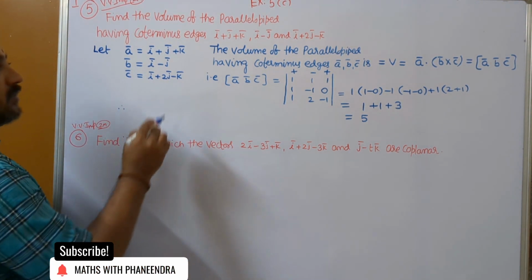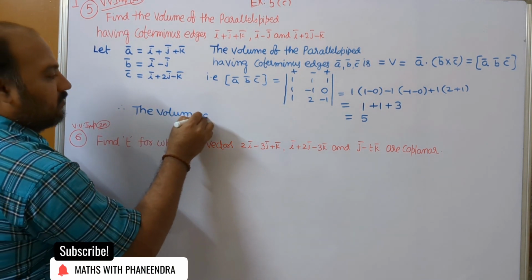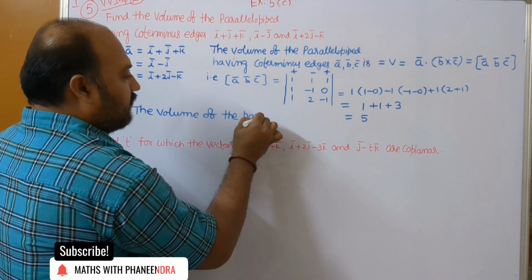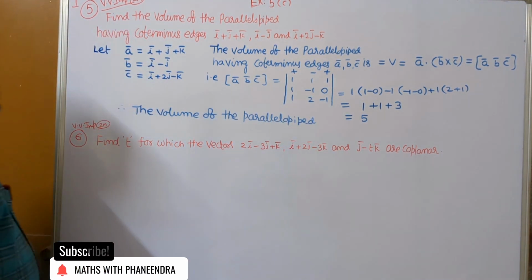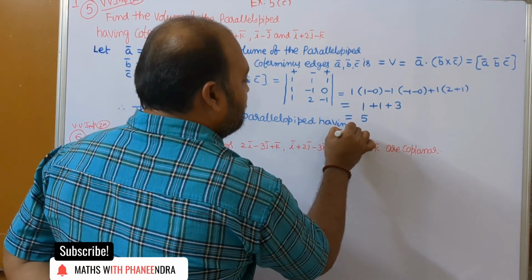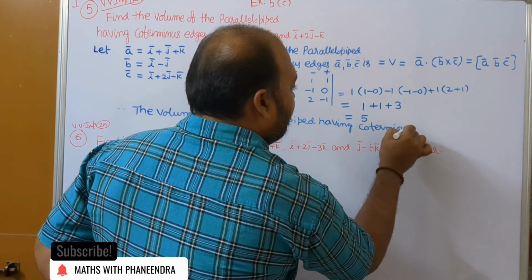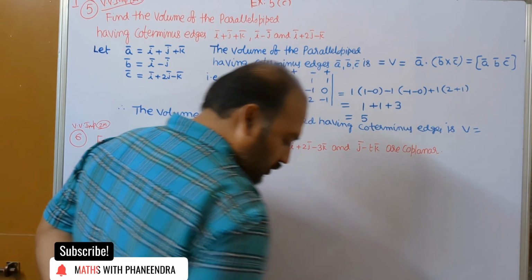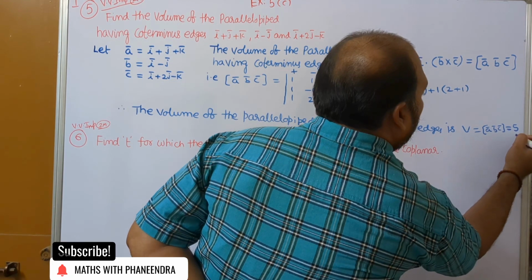Therefore, conclusion statement: the volume of the parallelepiped having coterminous edges is V equal to box of ABC is equal to 5 units.